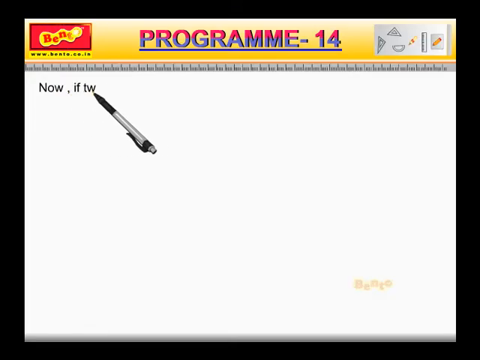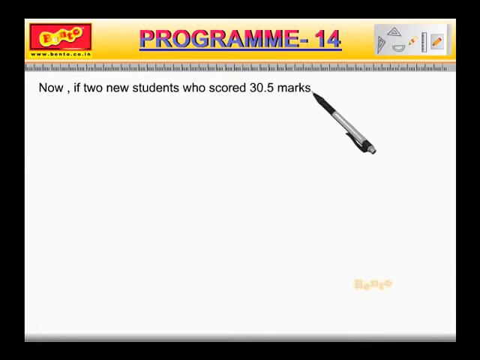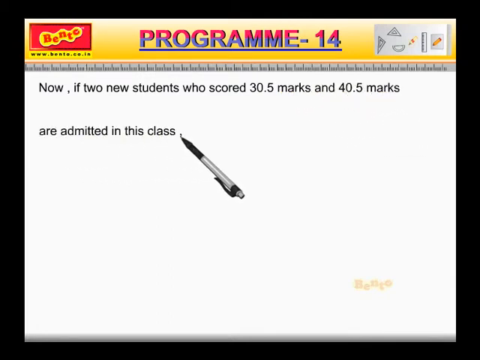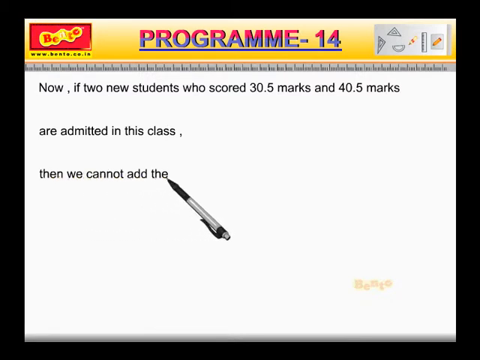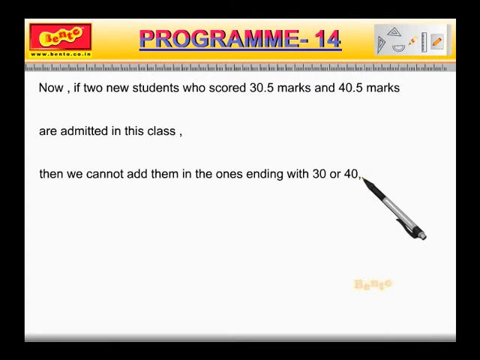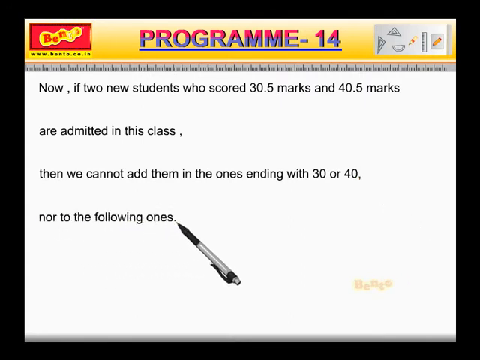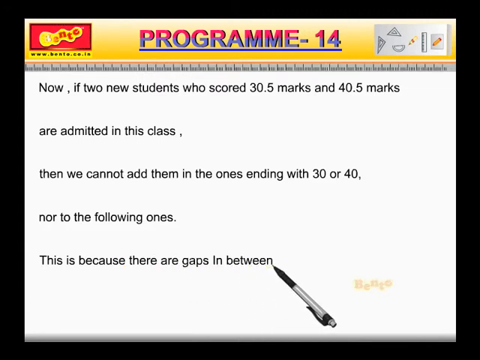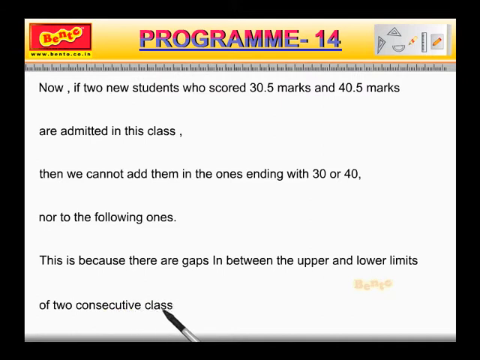Now, if 2 new students who scored 30.5 marks and 40.5 marks are admitted in this class, then we cannot add them in the ones ending with 30 or 40, nor to the following ones. This is because there are gaps in between the upper and lower limits of 2 consecutive classes.